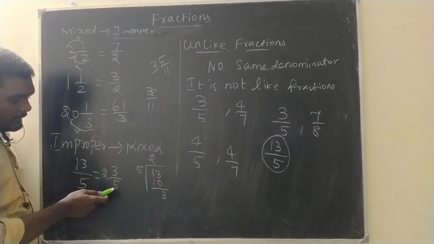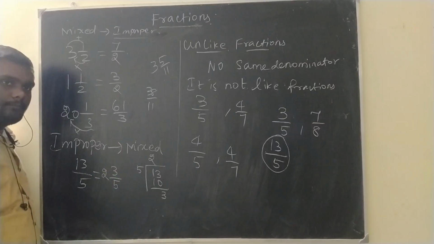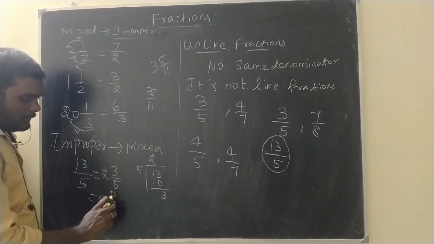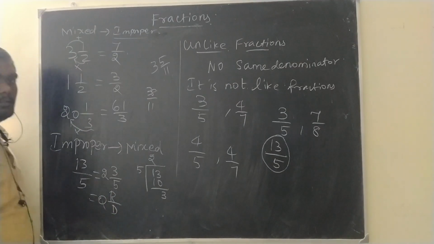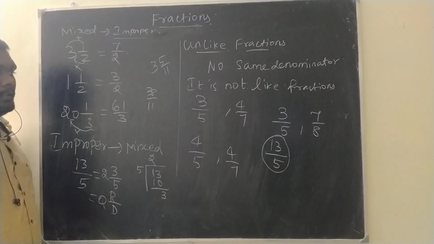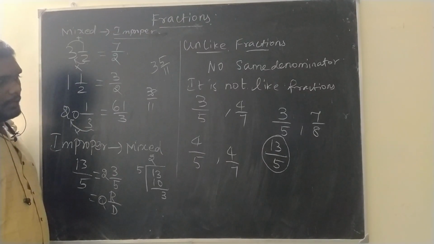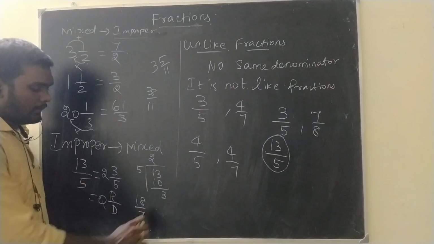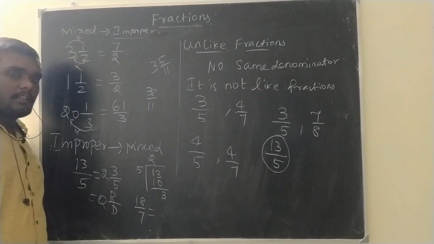Now you cross multiply here. 2 5s are 10, 10 plus 3. So it is quotient into remainder by denominator. Okay. Likewise, I said 18 by 7. Can you say what is this mixed fraction?